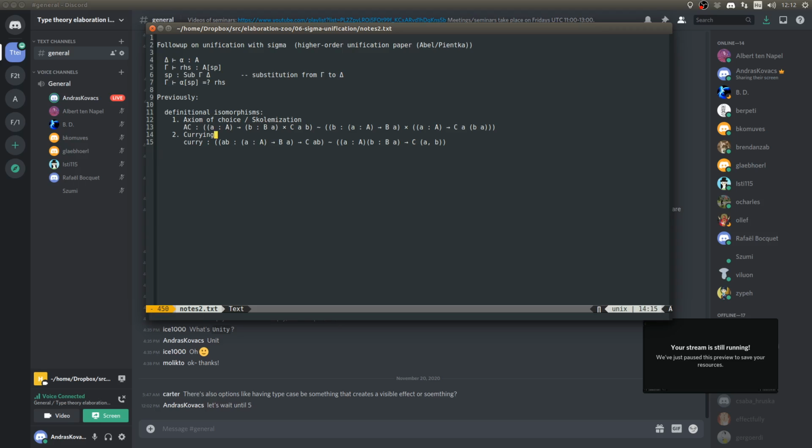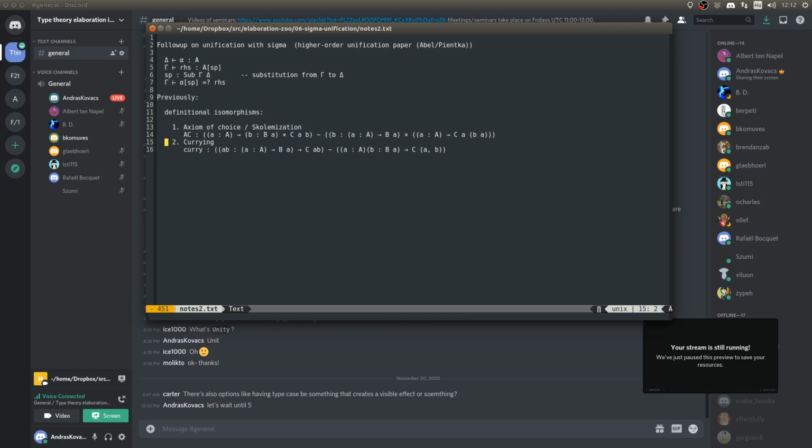So we can use currying to remove sigmas from function arguments, and we can use axiom of choice to remove sigmas from function results. If we use both of these, then we can, in principle, remove every sigma and convert them into top-level sigmas.